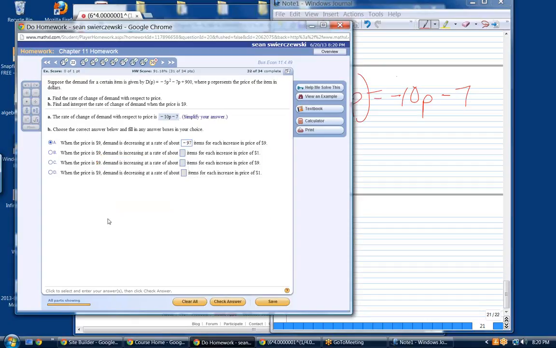When the price is $9, would it be D at negative 97? Oh, I see. For each price increase of 1.